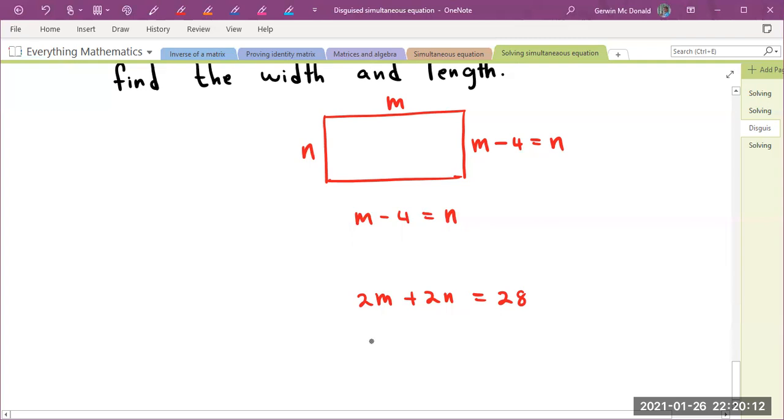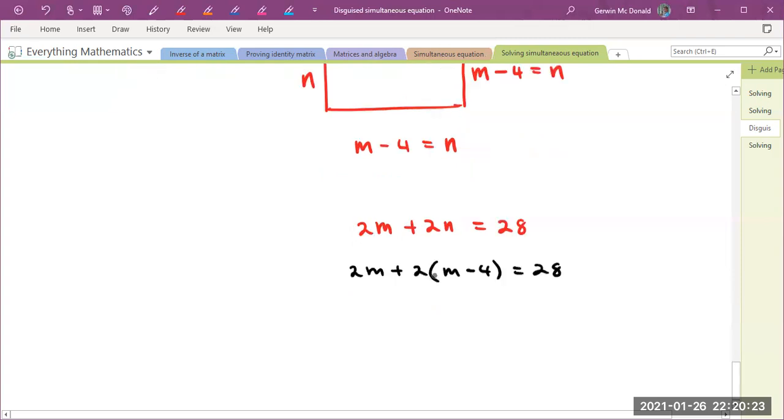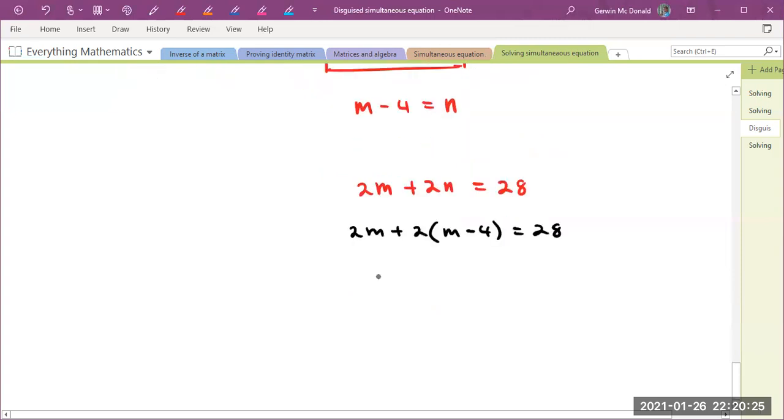So here we have 2M plus 2 multiplied by (M minus 4) equal to 28. And we just solve. So here we will have 2M plus 2M minus 8 equal to 28. 2M plus 2M, that is 4M, minus 8 equals 28.